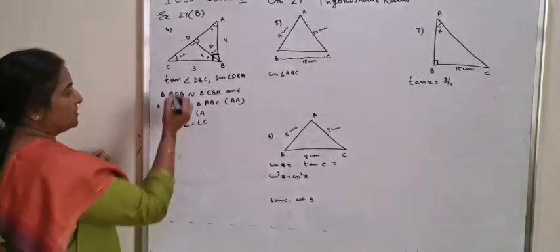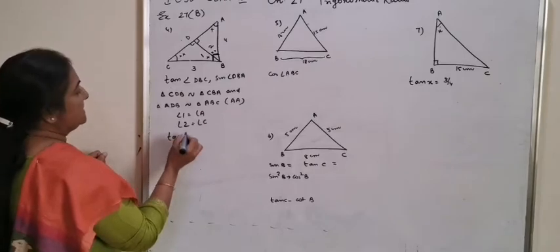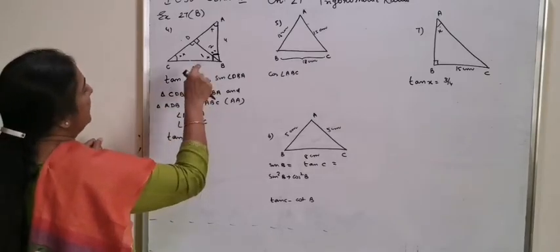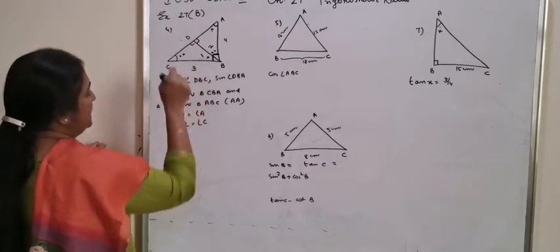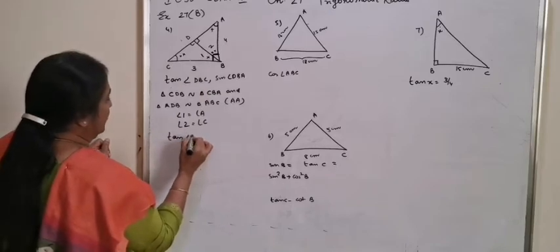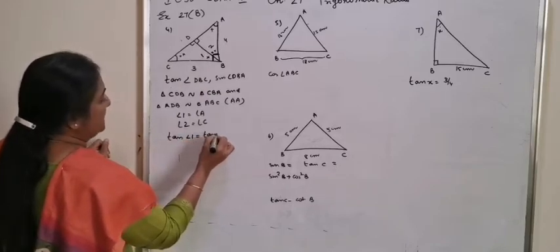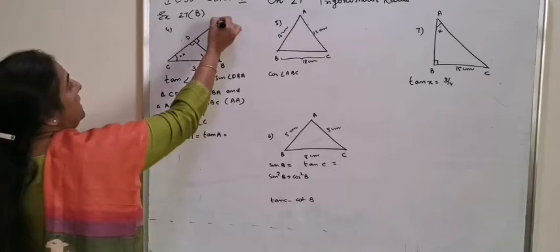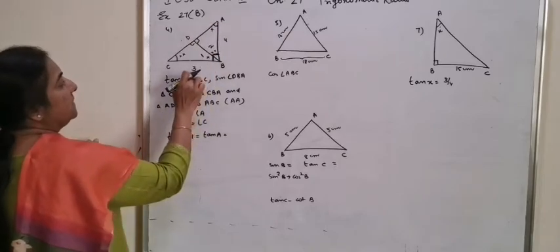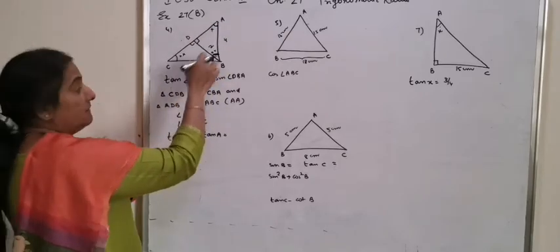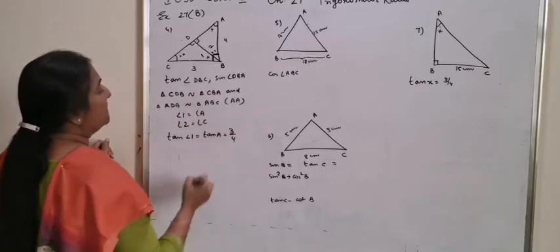And now the first question is tan angle DBC. DBC is angle 1. Tan angle 1 is the same as tan A. Tan A is 3 and 4, that is perpendicular by base. It is 3 by 4.